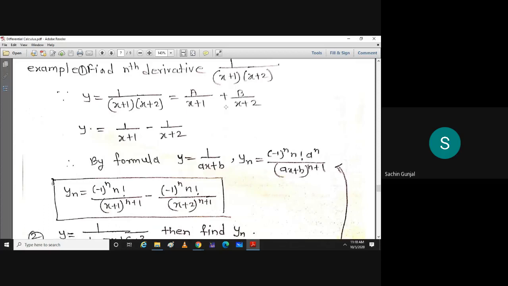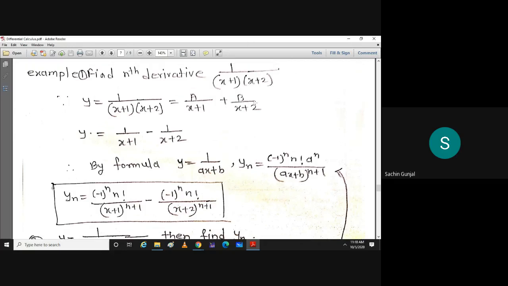Then next is, find the nth derivative of 1 upon (x plus 1) into (x plus 2). I think we have already discussed this, but we'll discuss it again. At this moment, you don't have a general formula to find the nth derivative, because it is a product of two linear functions or polynomials, ax plus b and cx plus d.